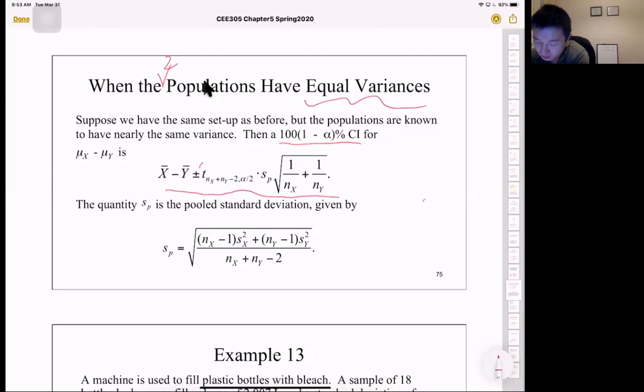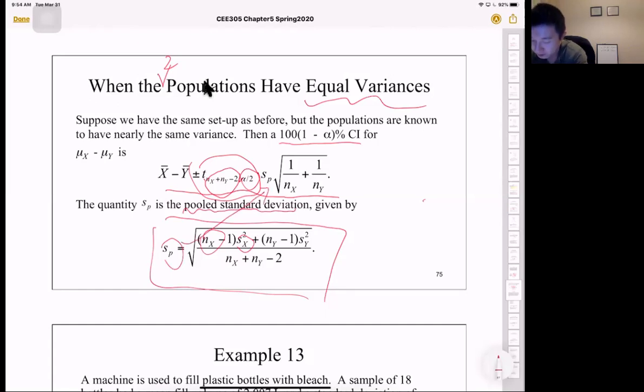Again, we use student's t-distribution, but here the degree of freedom is nx plus ny minus 2. And this is the same half alpha. SP is called the pooled standard deviation, which is based on the sample size and sample standard deviation. So we plug in the numbers, calculate the SP, and then plug the value of SP into this equation. Same idea.